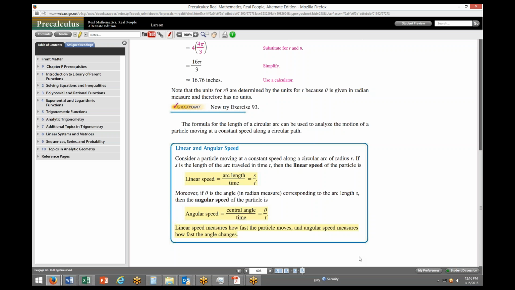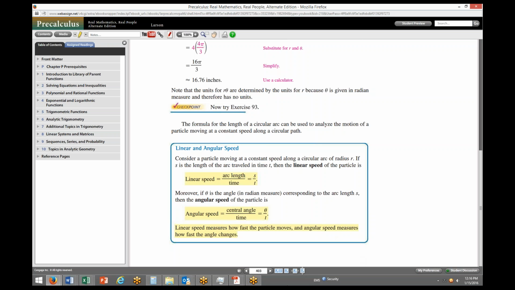Similarly here, if you have some arc length wrapping around a circle and you traverse such a distance around the circle, and that's a real distance, like in inches or feet or miles or meters or whatever it might be, light years if it's the galaxy, divided by some unit of time, then that is your linear speed traversing that circular path. Okay, just s divided by t.